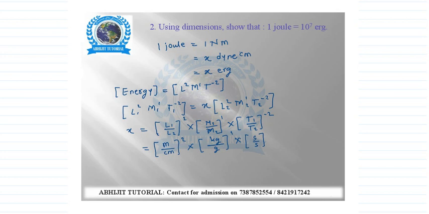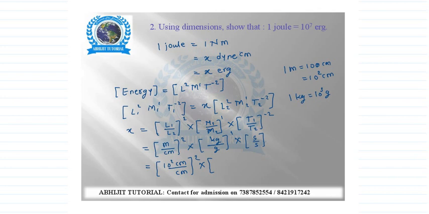Now we put in the conversion factors. 1 meter is equal to 100 centimeter, or 10 raised to 2 centimeter, and 1 kg is equal to 10 raised to 3 gram, or 1000 gram.